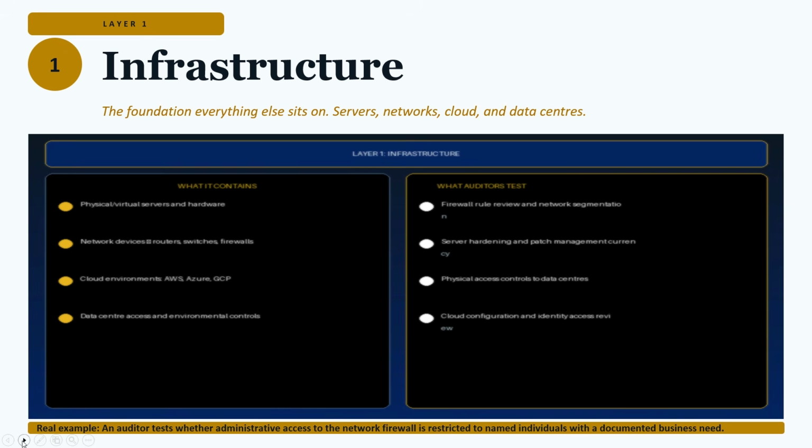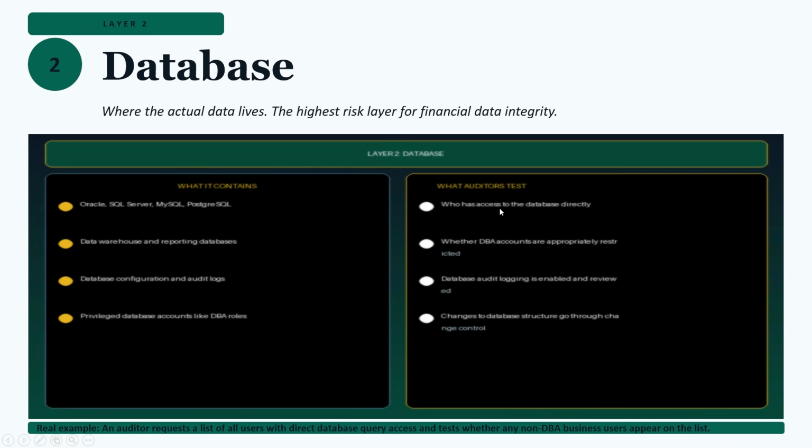Now let's go to the database layer. This is where the actual data lives. It's the layer that I feel carries the highest risk for financial reporting, and that is why you pay attention to it in any SOX audit. So for the database, again, that is where the actual data lives, and I've given examples like Oracle, SQL.